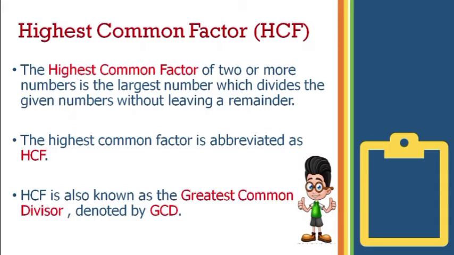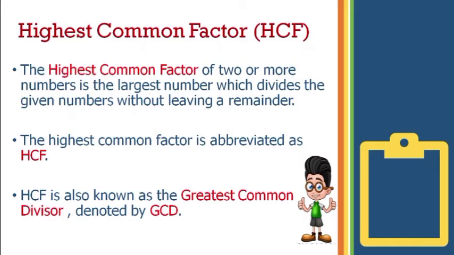After finding their prime factors, we take the common factors, and from those common factors we take the product, and the answer we get is the HCF of the given numbers.